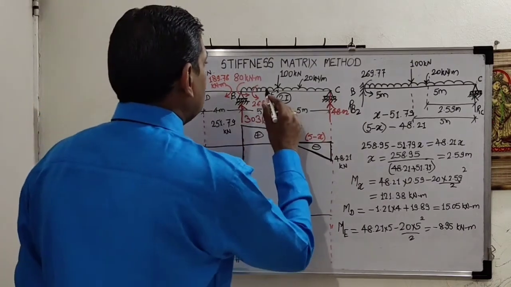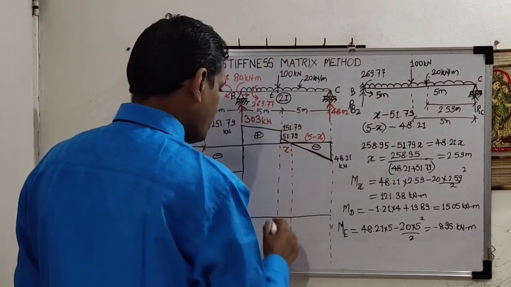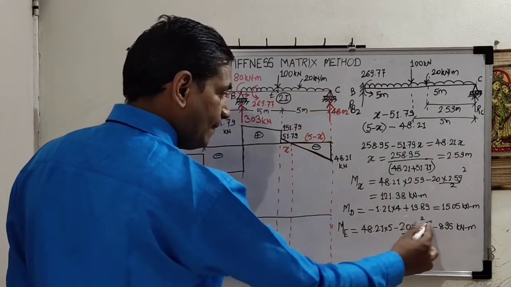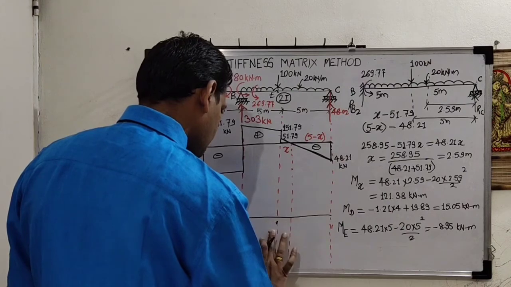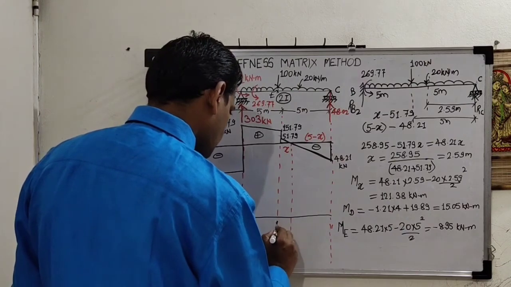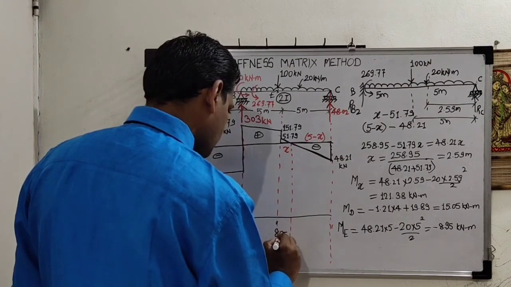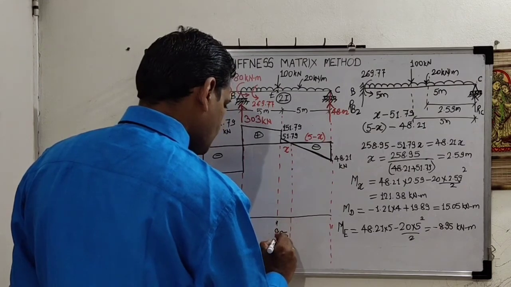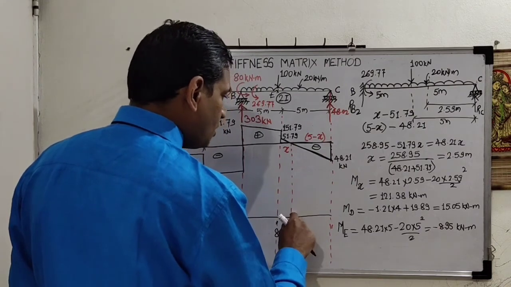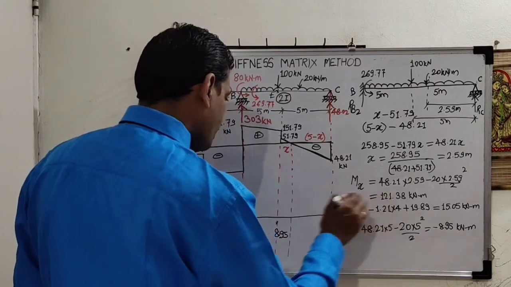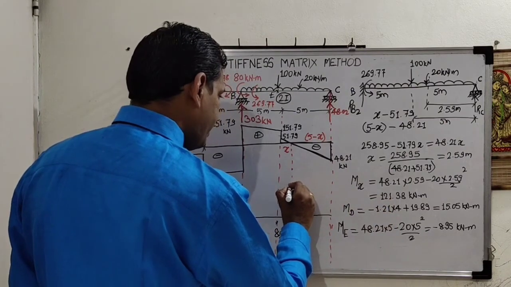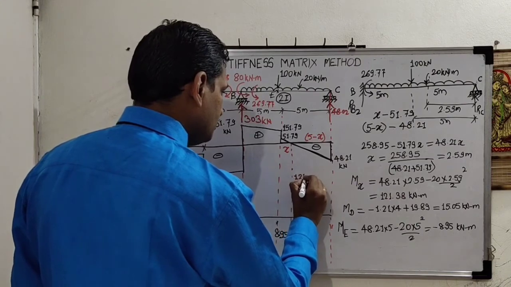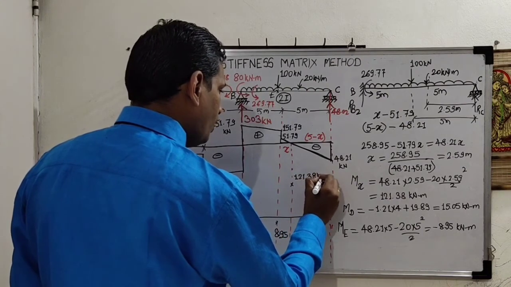Then at this point ME is minus 8.95. Here MX value is 121.38 kilonewton meter.